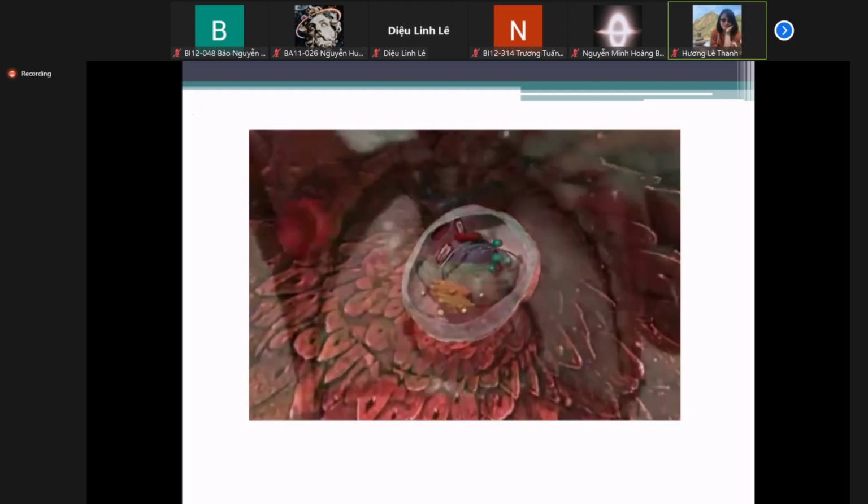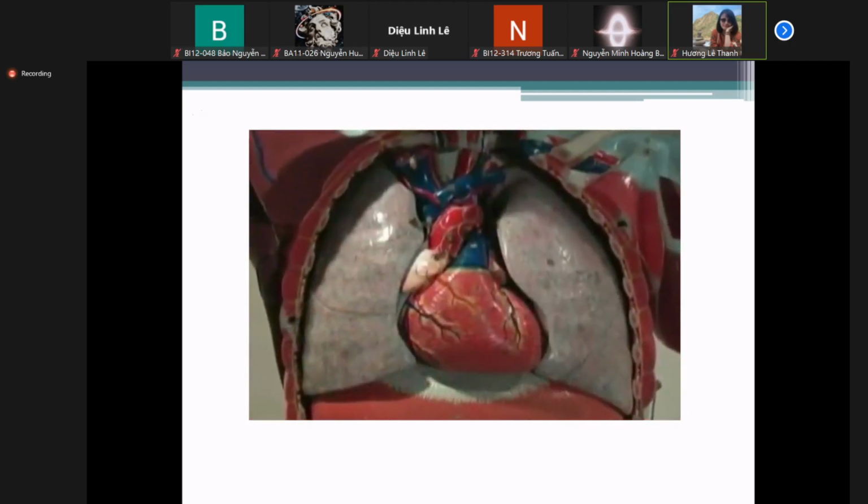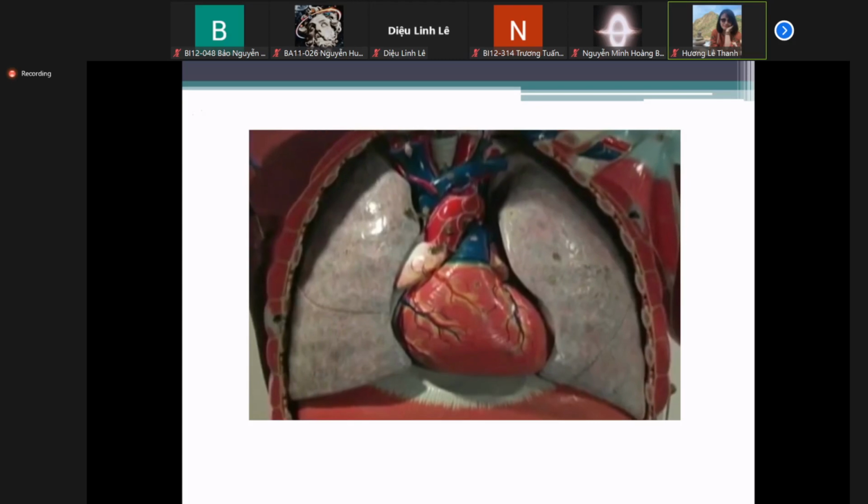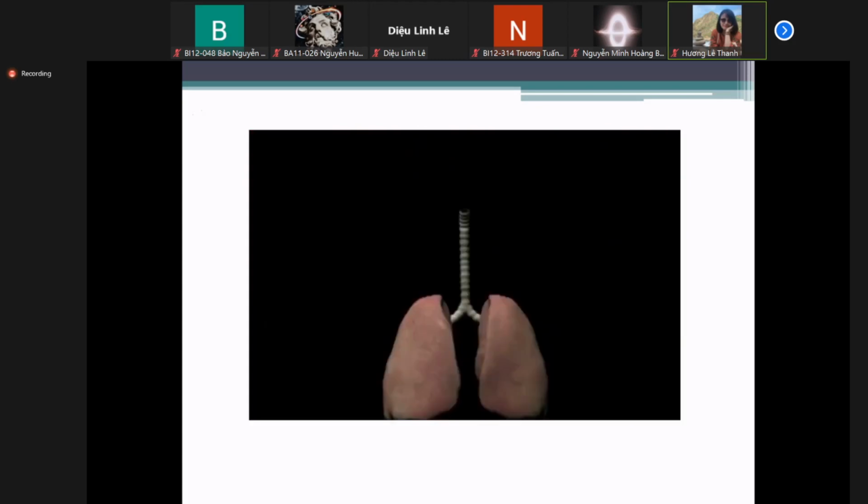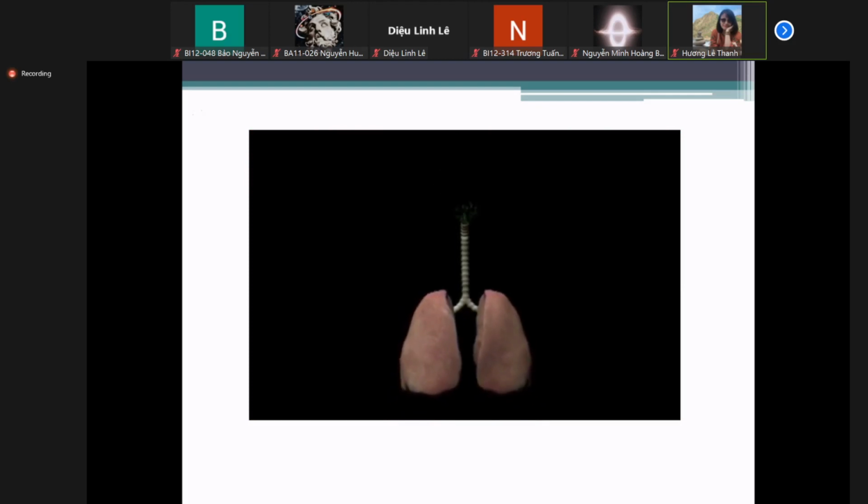Our lungs are a good example of how many cells work together to perform a specialized task. The cells in our lungs work together to allow us to take in oxygen from the air and get rid of waste products such as carbon dioxide. Our lungs are composed of many millions of cells working together to accomplish this task.